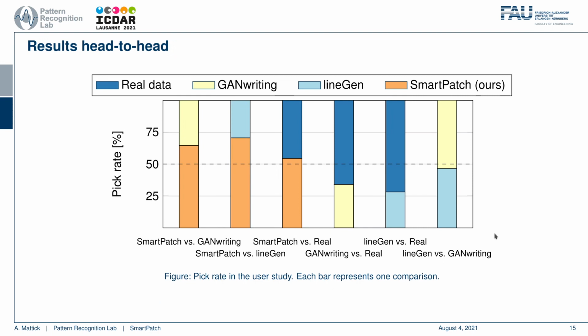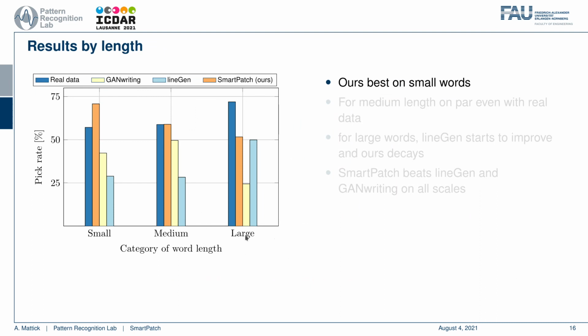So these are the results. And as you can see, SmartPatch outperforms everything else, especially also the real data. And that's quite puzzling because, well, it shouldn't do that. So why is this the case? It becomes apparent if we don't split it head to head, between the different generation methods, but instead we split it based on length.